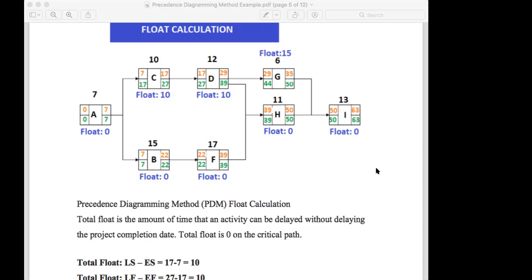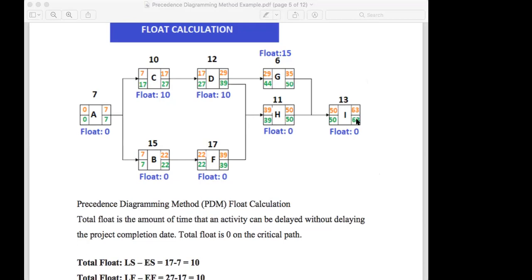So total float is, without changing the project duration, what you can adjust. You see this activity C, you can start at 7 and complete at 63rd day. Otherwise, you can start at the 17th also and complete at the 63rd day.